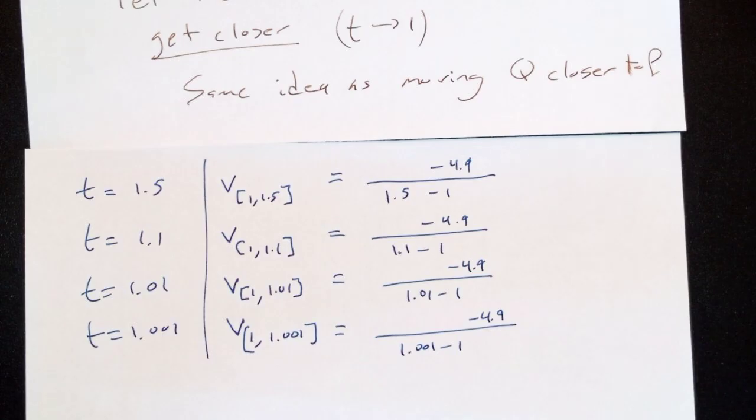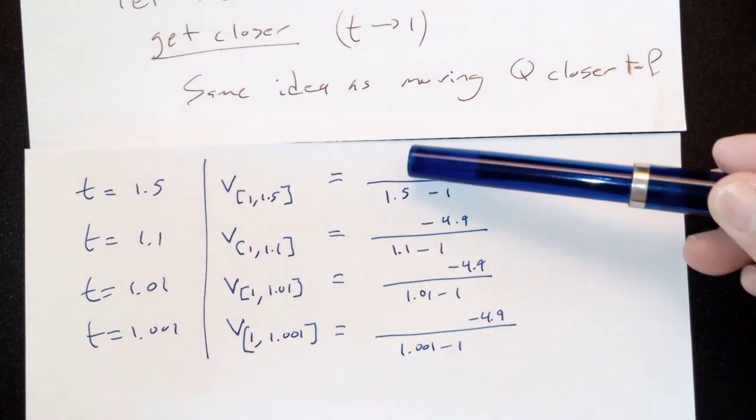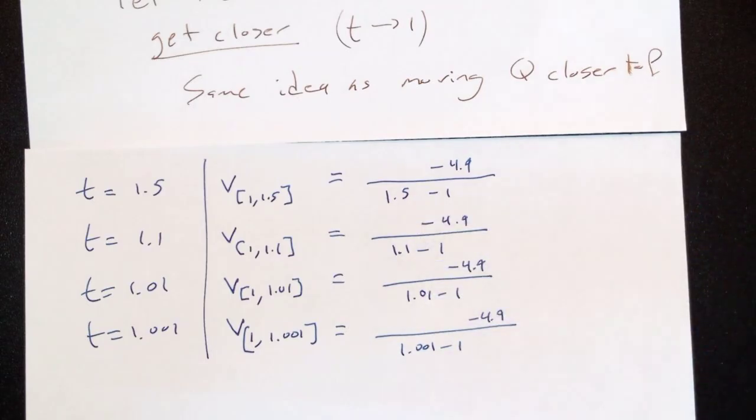When I compute those S of 1.5, S of 1.1, when I compute those S values, they're going to go here in our change in distance part.